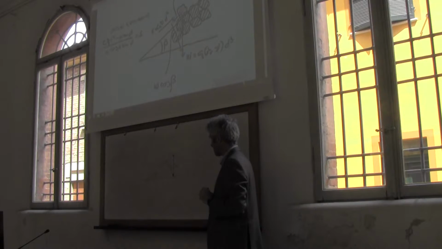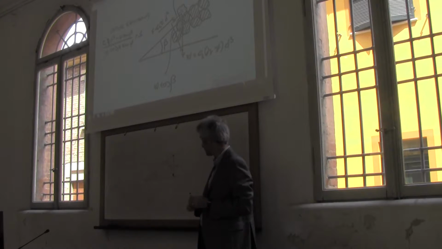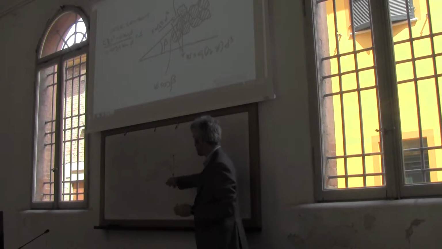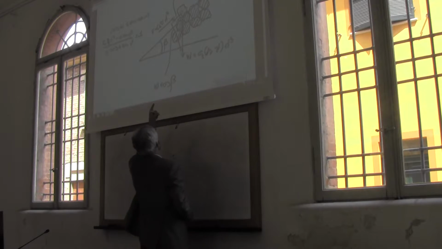Because this is 90 minus beta, and therefore this is again beta. So basically this component we can call W perpendicular, although there is no symbol there.